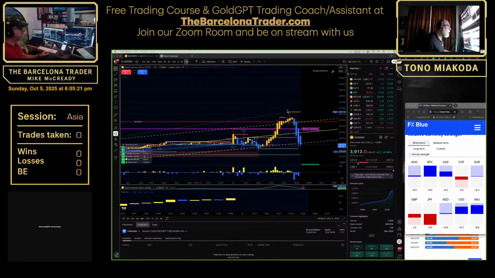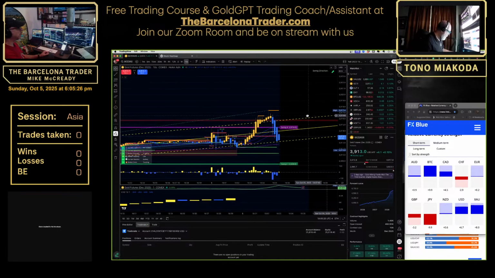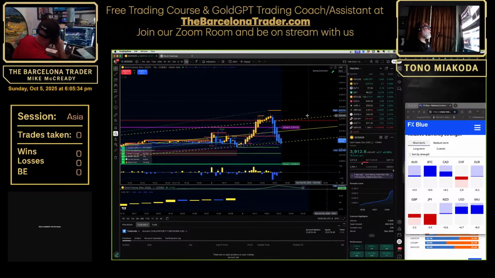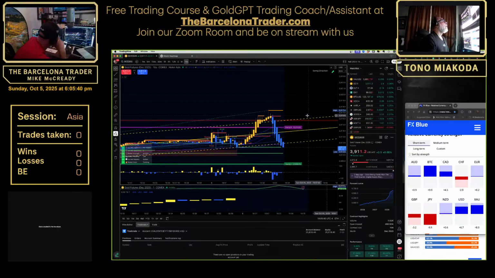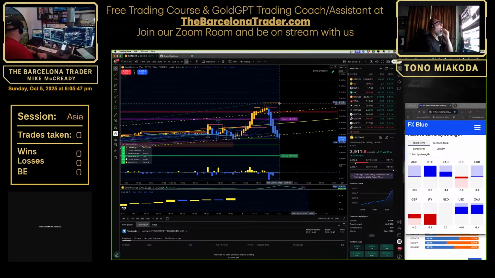Can't figure out what the market wants to do here. Nah, I'm not expecting much tonight. If you look at the daily pivot, you see how many candles are right on it and right underneath it.